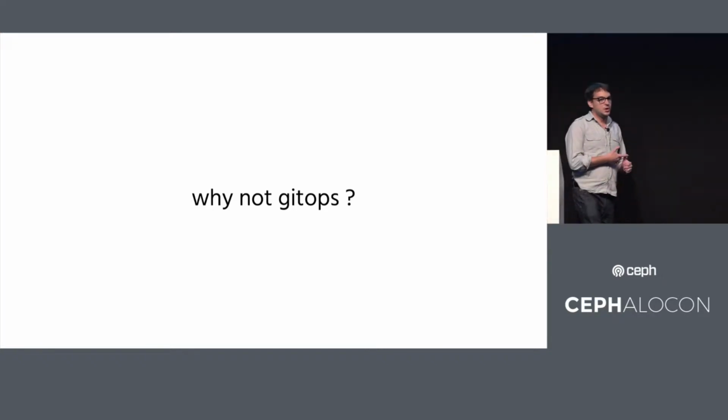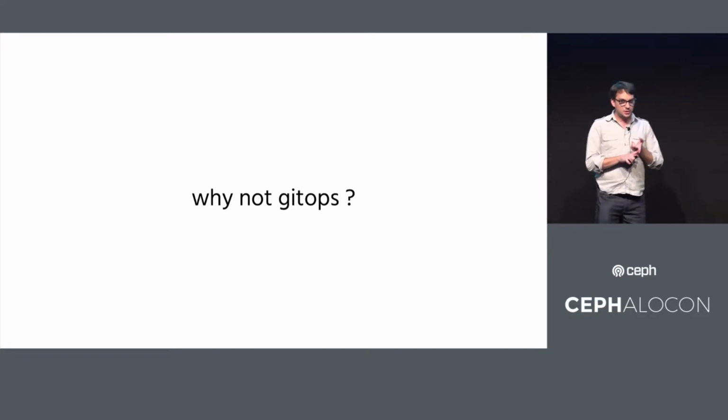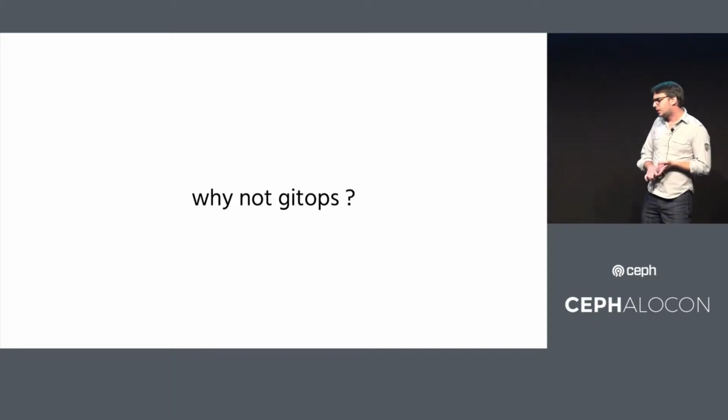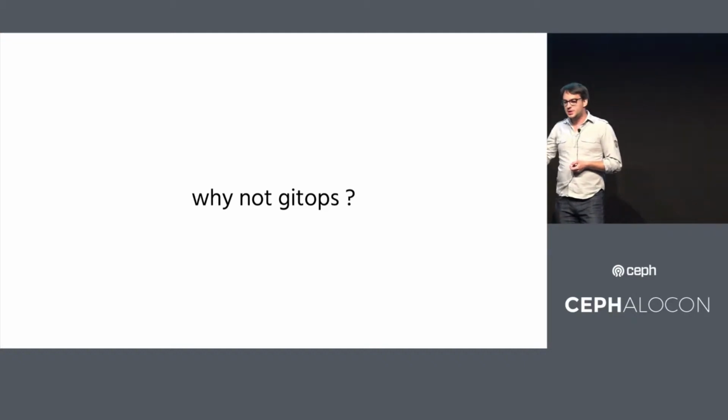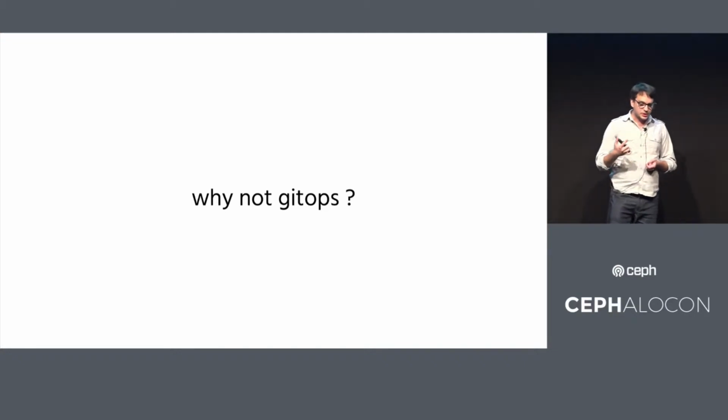So, you use a configuration management tool and you have all your config in one place, centralized on the server. So why not try GitOps? GitOps is a methodology where operators or administrators use Git repositories as a way to store and update their configurations.